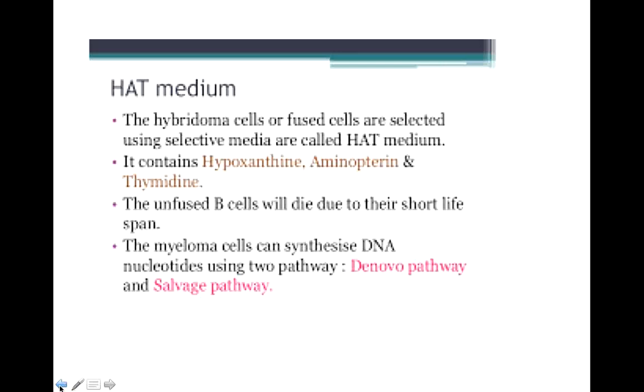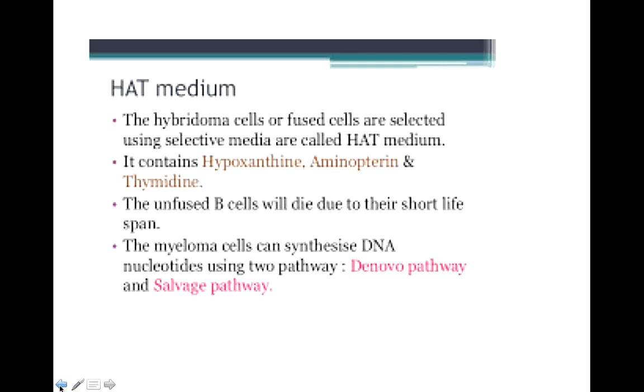And when they have to use the salvage pathway, they overcome this blockage by converting purines and pyrimidines directly into nucleotides for synthesis of DNA and RNA. The enzymes that catalyze the salvage pathway are two: first is HGPRT, that is hypoxanthine guanine phosphoribosyl transferase, and the other is thymidine kinase.